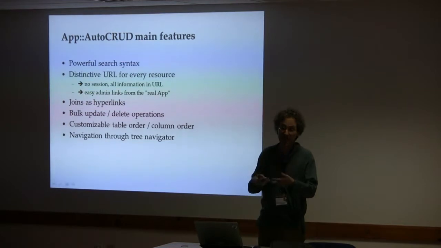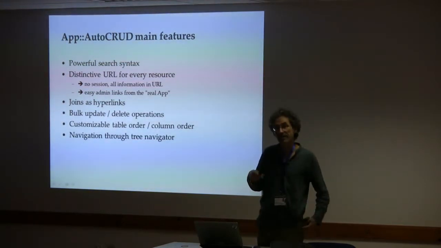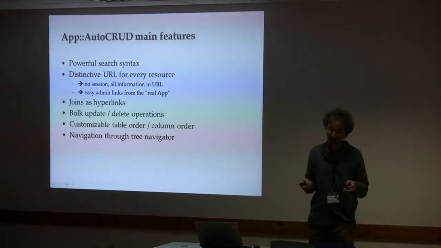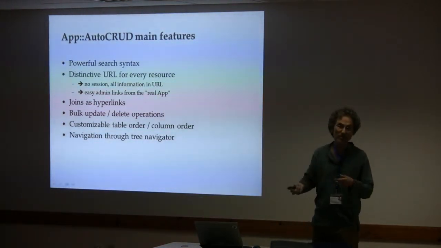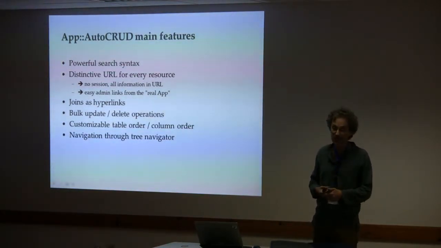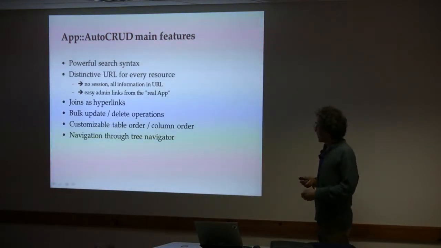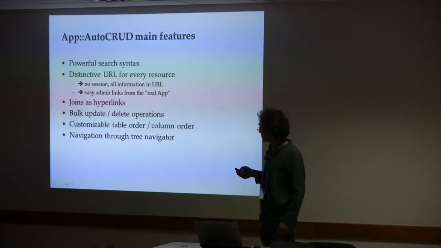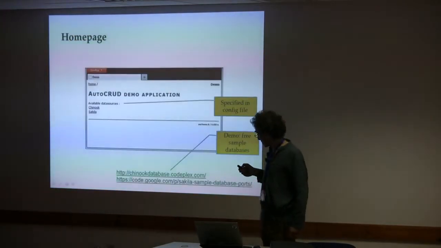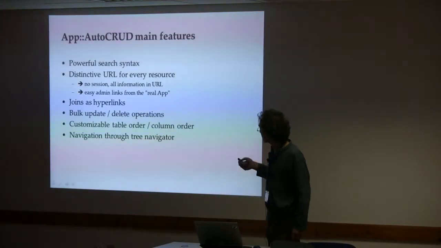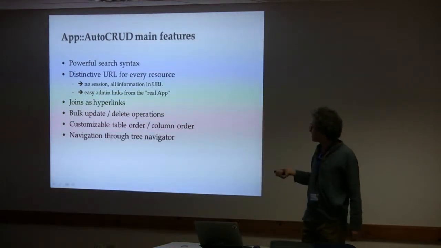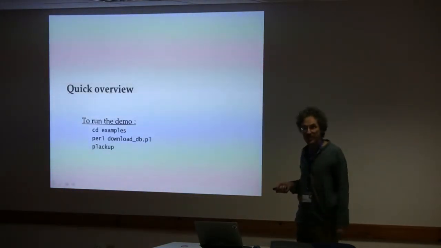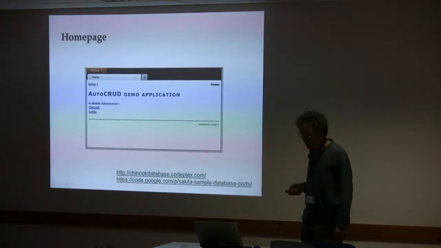Every pre-filled search form with some criteria has a URL, so users can bookmark them or link from other applications to this one. We can navigate through hyperlinks from one record to the next. We can do some bulk operations and customize a bunch of things. So now we are going to see that on the screens.